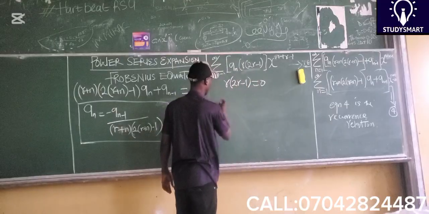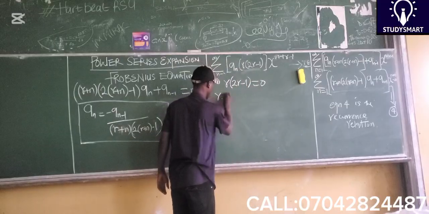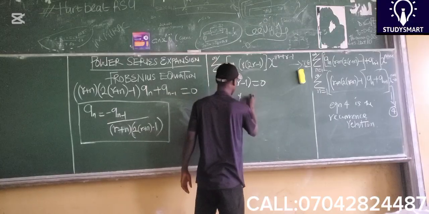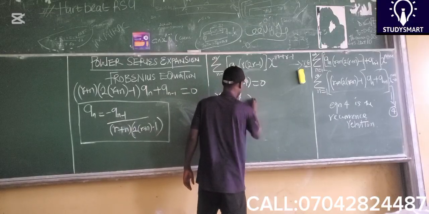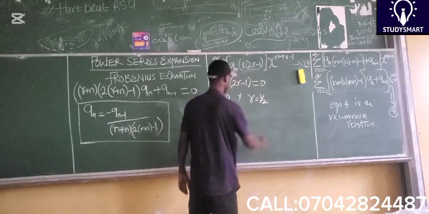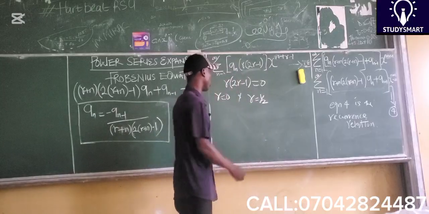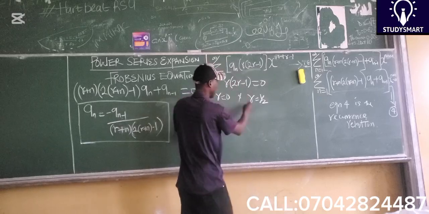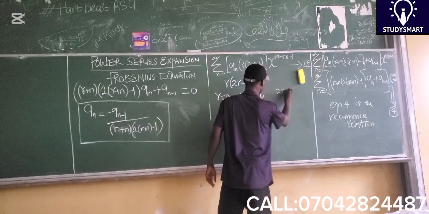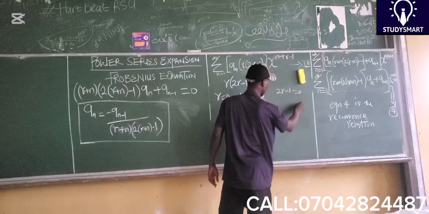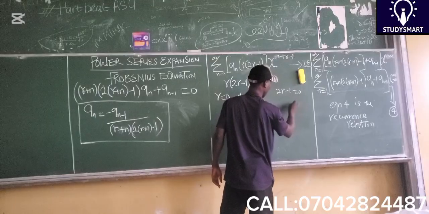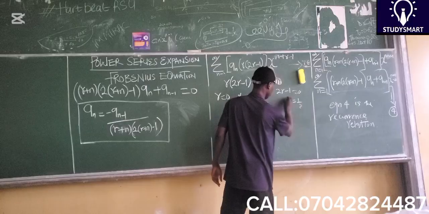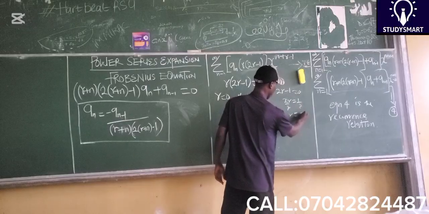I'm going to have r equal to 0, or 2r minus 1 equal to 0. If the minus 1 crosses to the other side, it becomes 2r equal to 1. Divide both sides by 2, so I have r equal to 1 over 2.